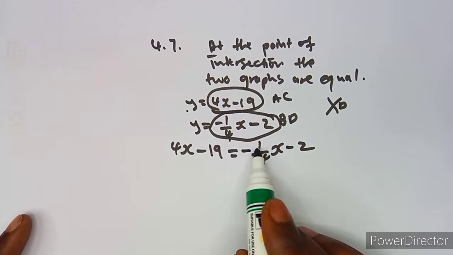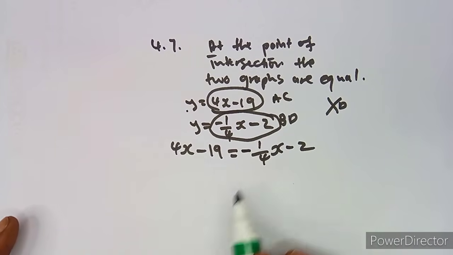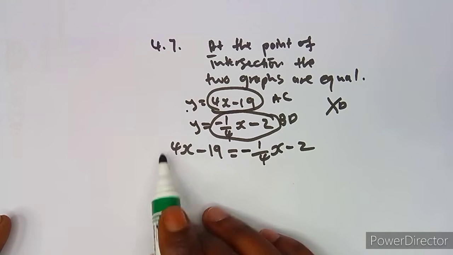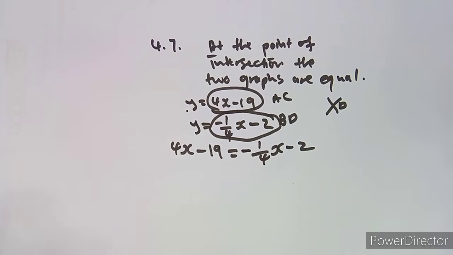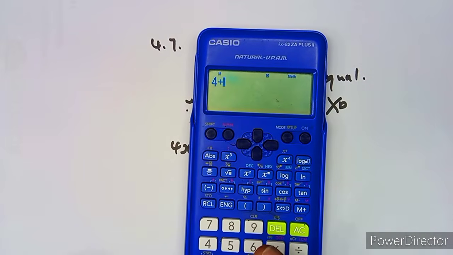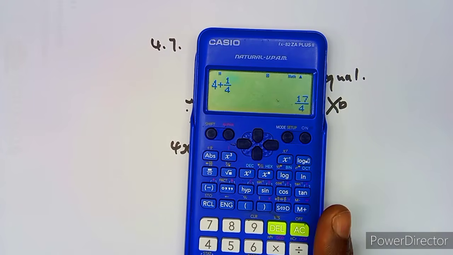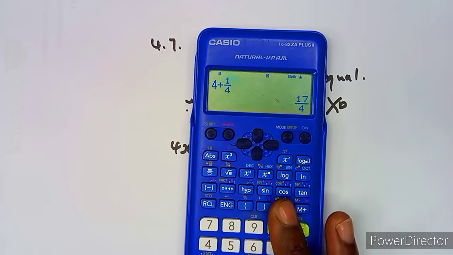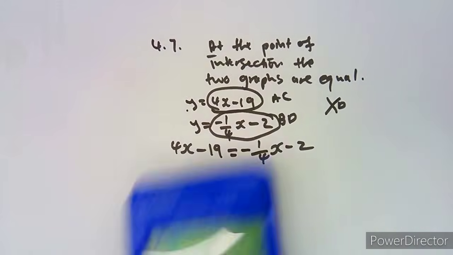So transpose negative 1 over 4 to this side; it's going to be positive 1 over 4. So it's 4 plus 1 over 4, which is going to give us 17 over 4. Is that so? Yes, 17 over 4.